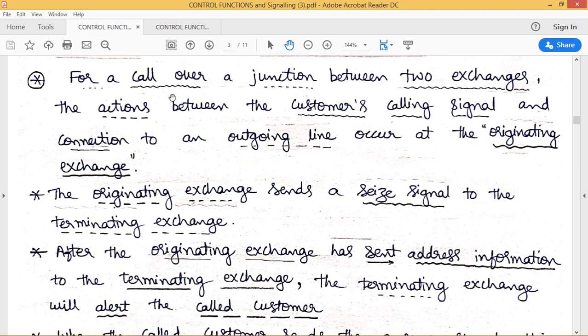So when a call is taking place over a junction, that is between two exchanges, there exist certain actions between customers, that is the calling signal and the connection to the outgoing line, which occurs at the originating exchange. Generally all operations will be monitored by the outgoing exchange.